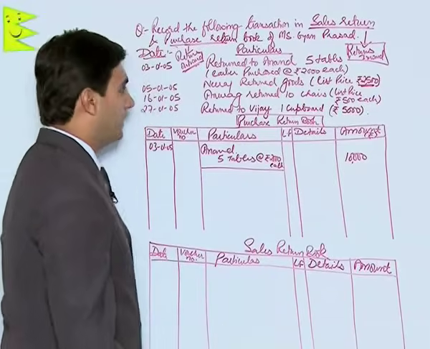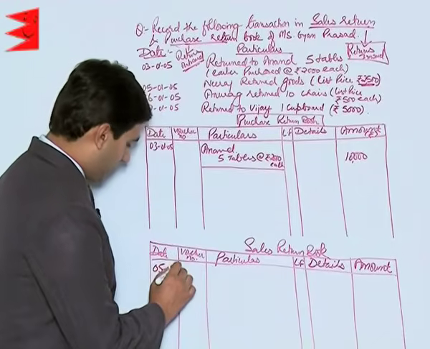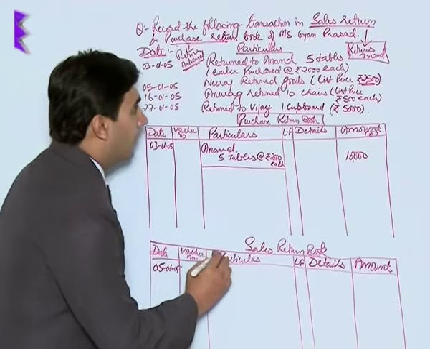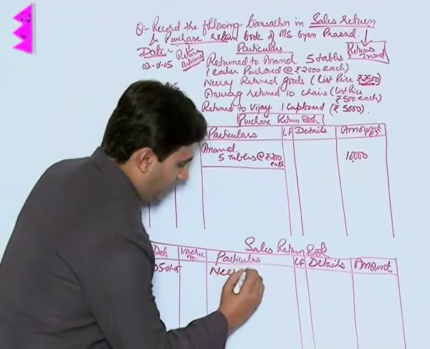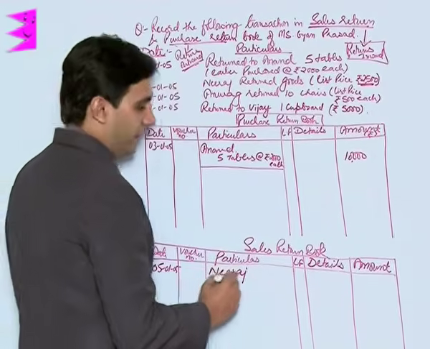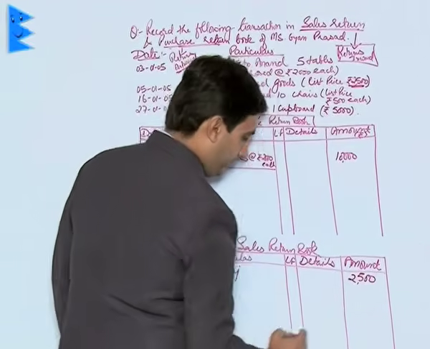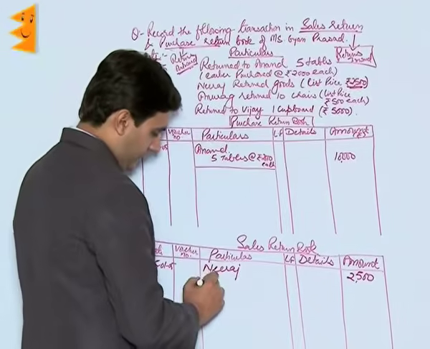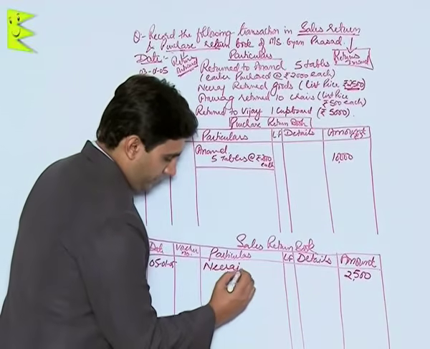So this will be recorded in the sales return book. The date is 5th of January 2005. Neeraj, since nothing is specified, just mention the amount here 2500. And this recording is complete. For your sake, you can mention goods.